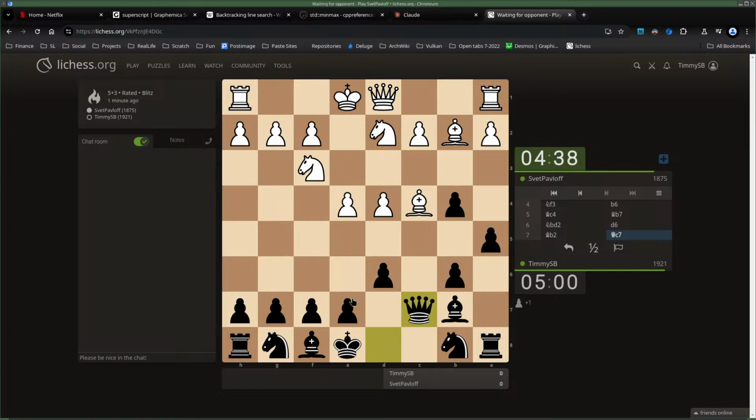Now we're going to play here. Just give check already. Jesus. She's still hoping to give mate here or something. He's defending it. He did not want to go back.